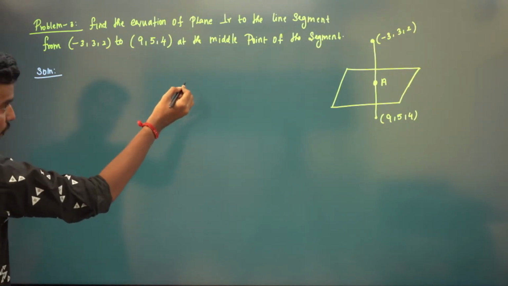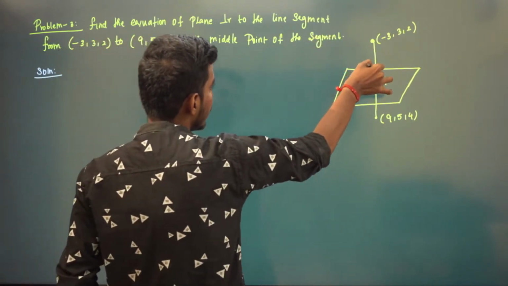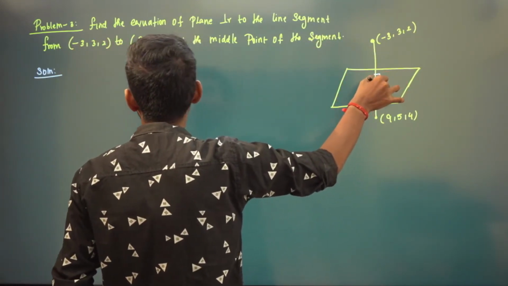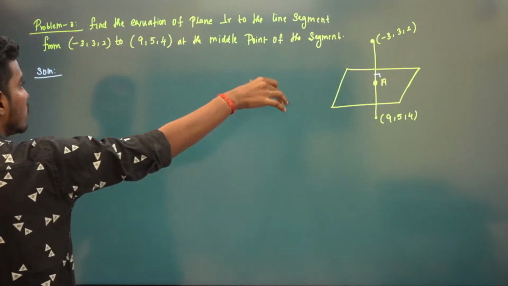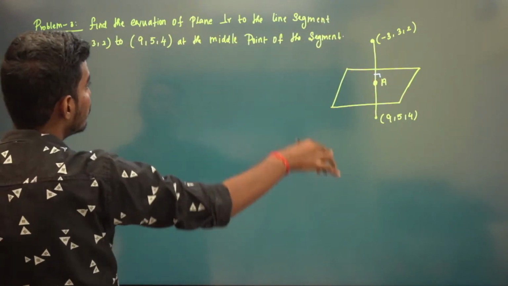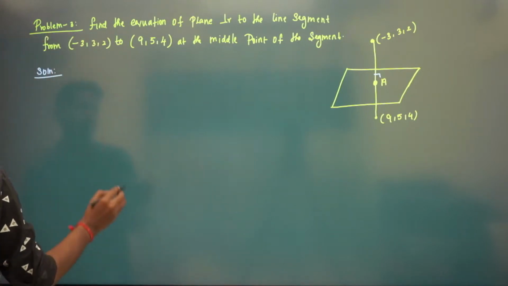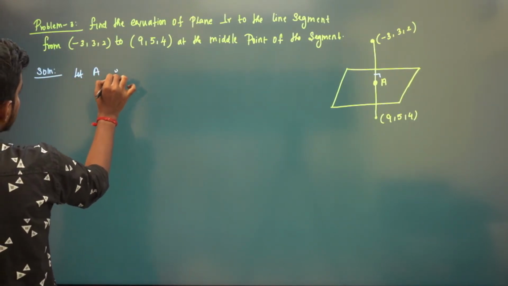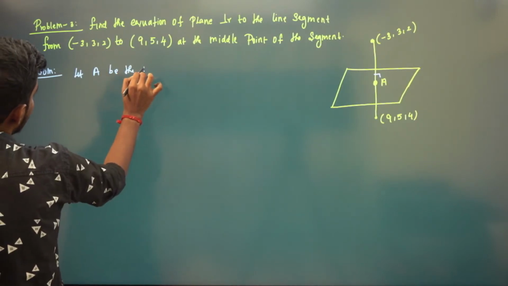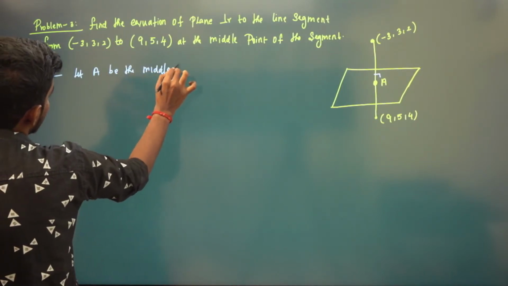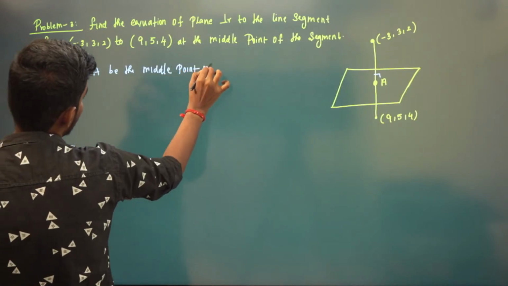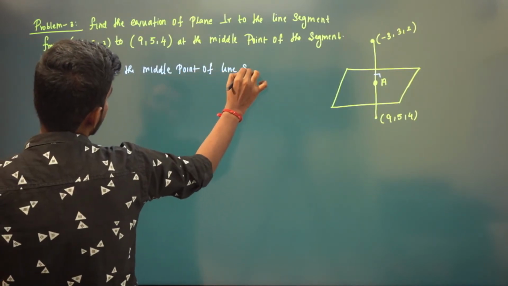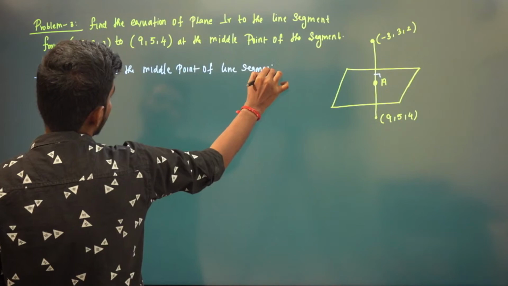So find the equation of plane that is perpendicular to this line, to the line segment, and at the middle point of the segment. Okay, so that means let A be the middle point of the line segment. What is A? Let's make use of the midpoint formula.